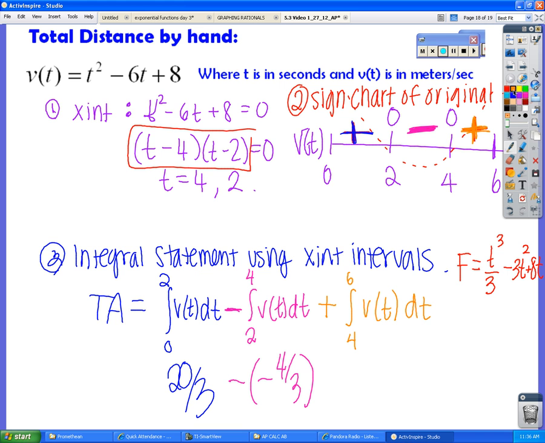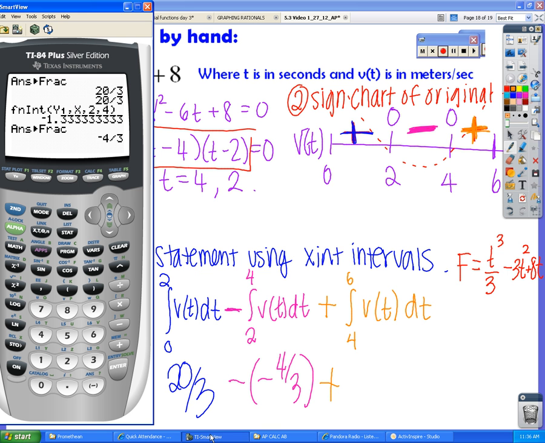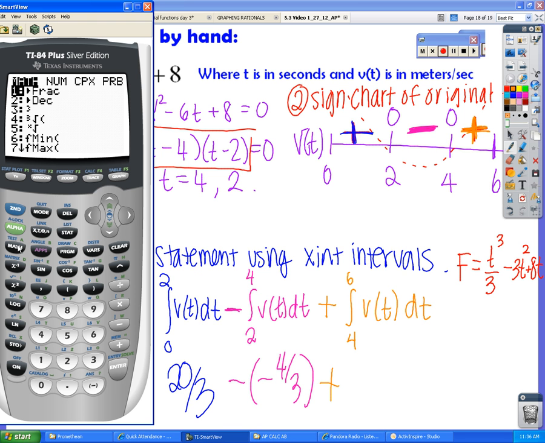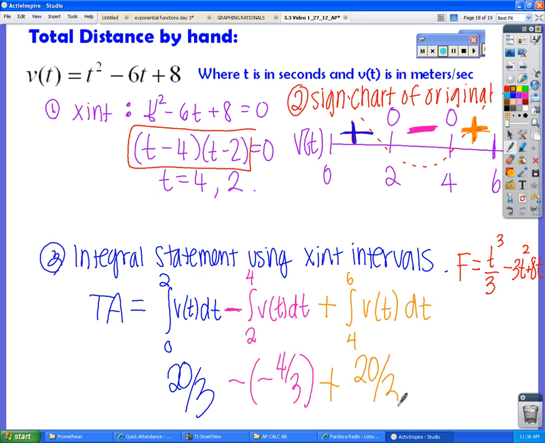And then in orange, I'm going to do my last integral, and that would be from 4 until 6. And then I'll also show you what the graph looks like to kind of put it all together. That's 20/3 also. So really, I'm going to add that. So I have 44/3 is my total area, which is bigger than what I had before.